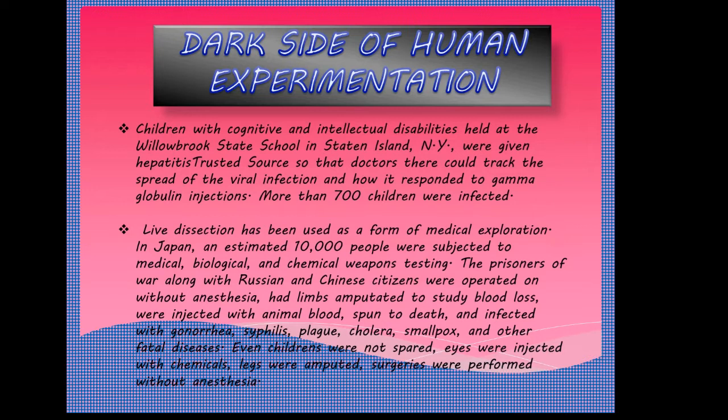These special children were directly injected with hepatitis, just to track the spread of the viral infection and how it responded to gamma globulin injections. Due to this, more than 700 children were infected. There were no proper regulations at that time.